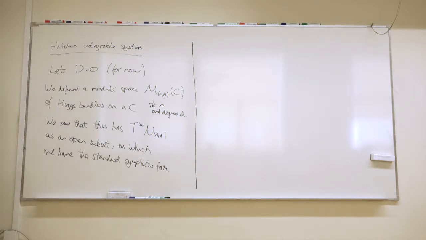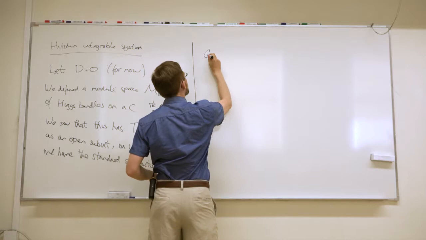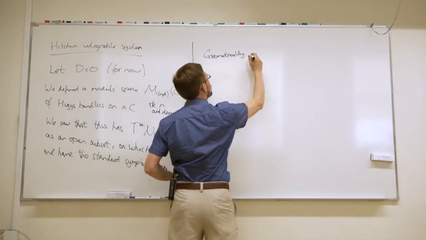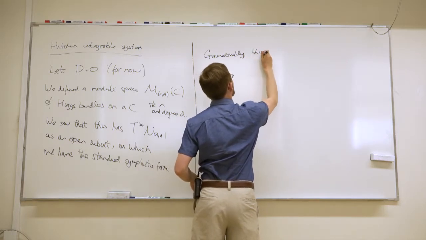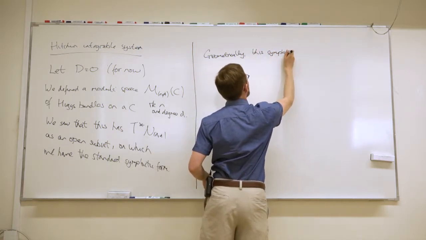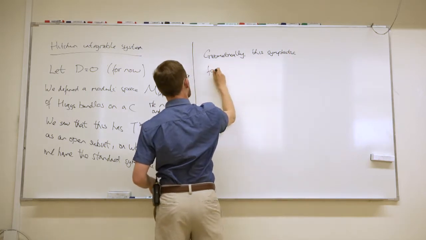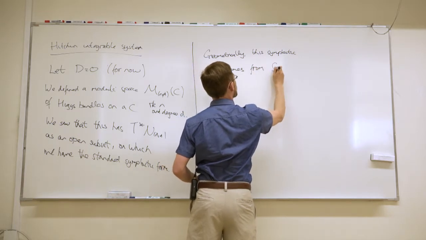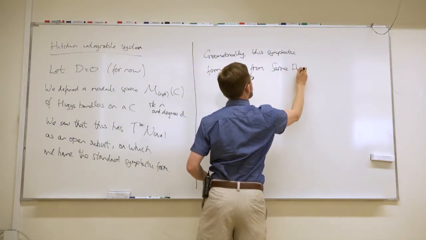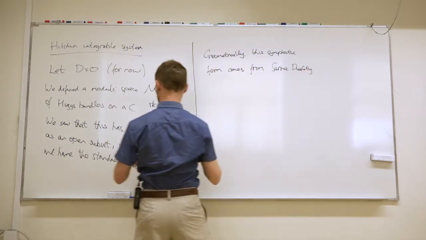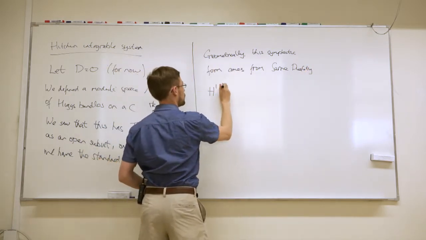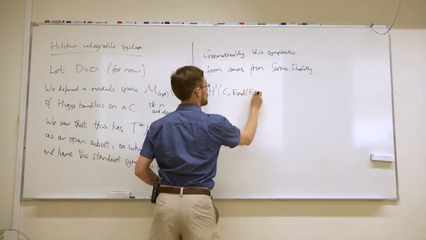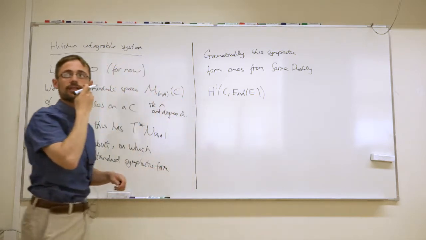And I guess geometrically, this symplectic form comes from Serre duality. So the deformations to the moduli space of vector bundles, a tangent vector, is given by an element of H1 of the endomorphism bundle.